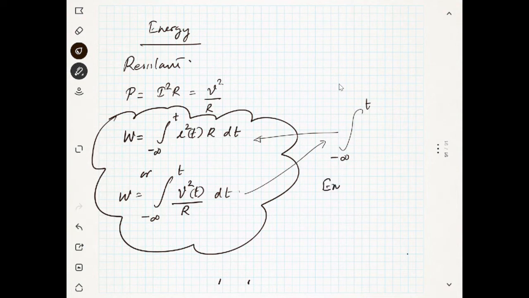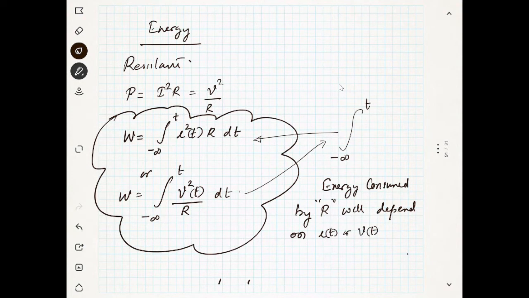The energy consumed by the resistance will depend upon the current or voltage in all the previous time.